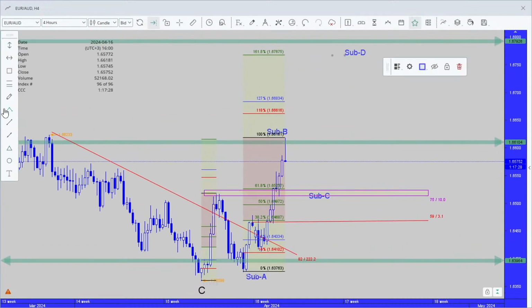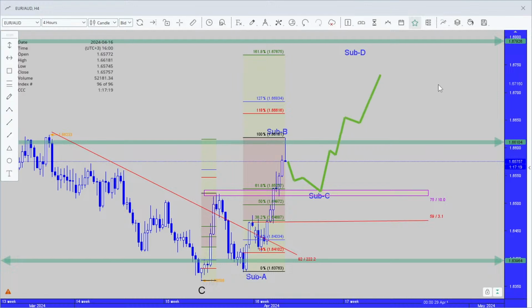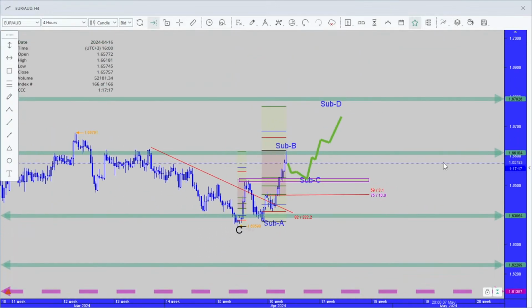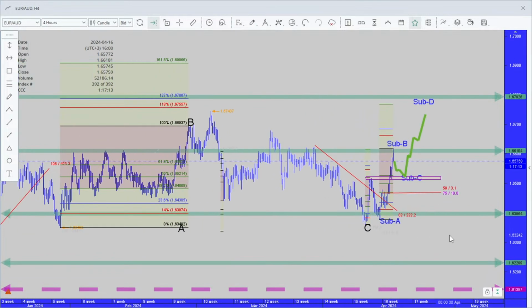I'm making a plan: if the market is going to retrace, it's going to come down to here, past support, and then it's going to go back up. So we can use the confirmation Fibonacci when we miss the ideal entry at the C.